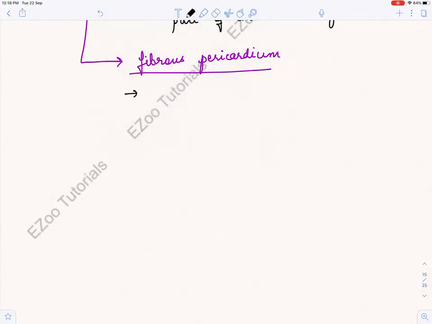Since it's fibrous, what will it be made of? It will be tough, inelastic, dense connective tissue, because we don't want the heart to overstretch. If it were elastic, it would stretch like a balloon and it could burst, right?